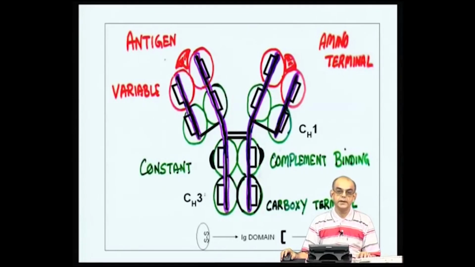So, looking at the antibody, a crude antibody structure that is given in this transparency, it actually, as I had mentioned earlier, has two chains. One of them is longer than the other one, and therefore, it is called the heavy chain, which is given here, and you have a light chain which is shorter in nature.